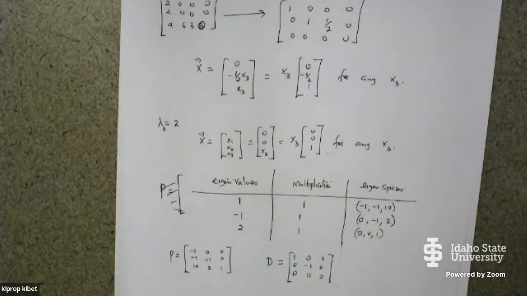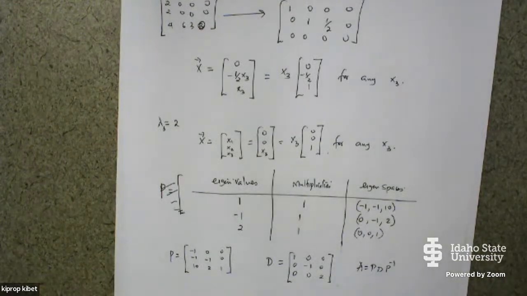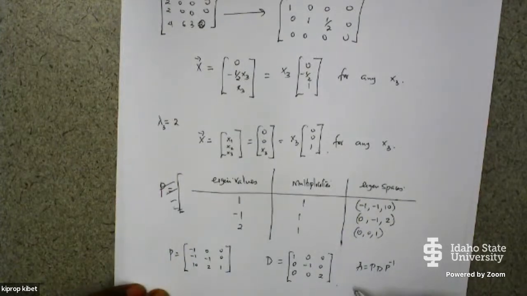So as long as you get this and that one, then you don't have to prove whether A equals to P, D, P inverse, because you need to get the inverse of this. The easiest way to do that is AP.